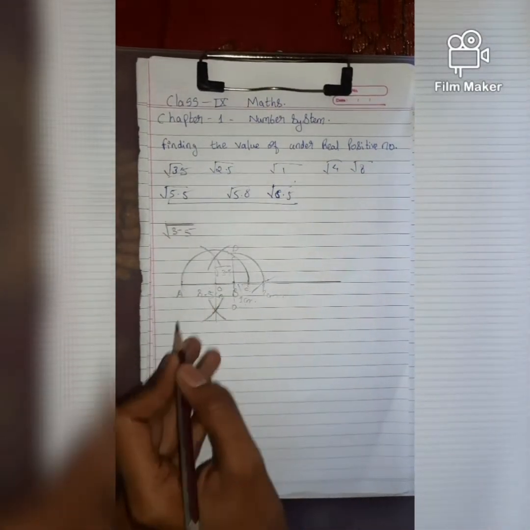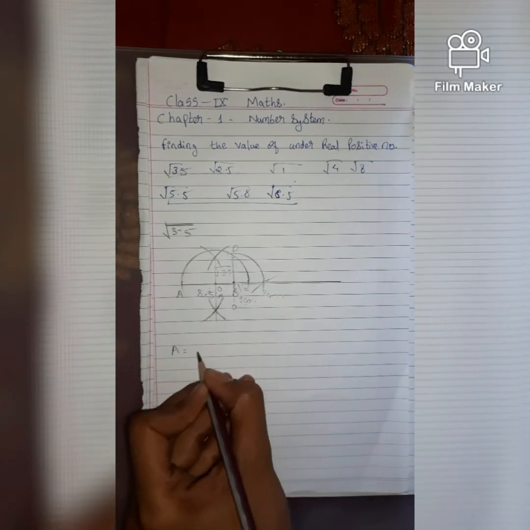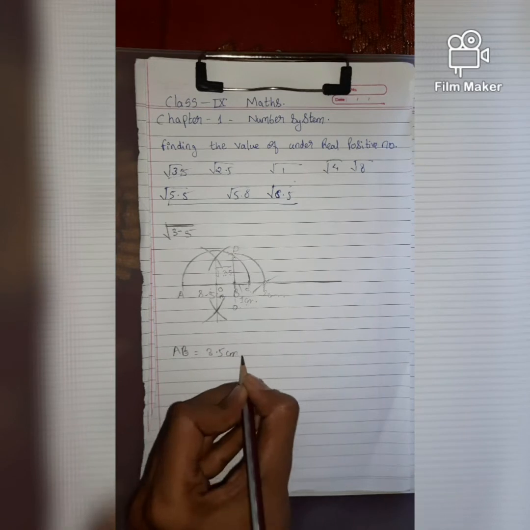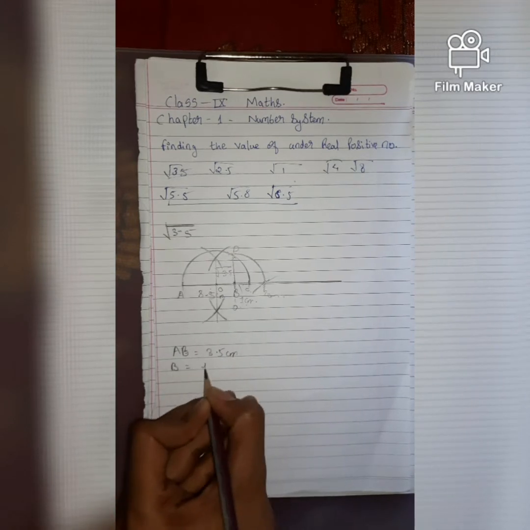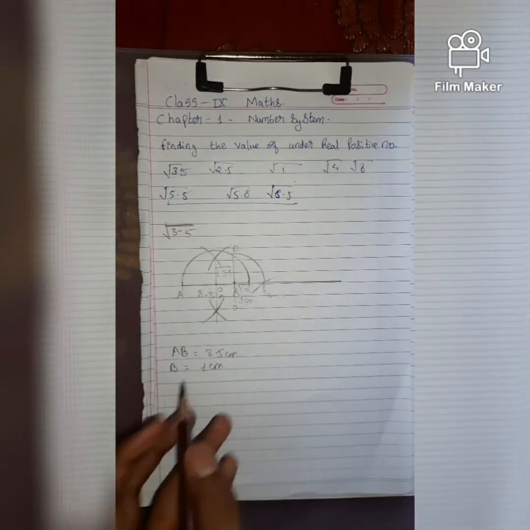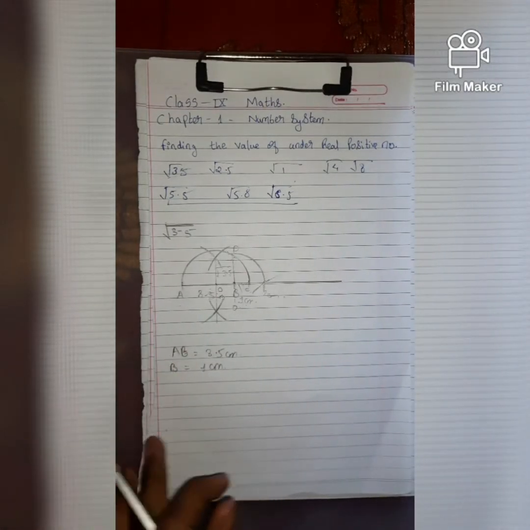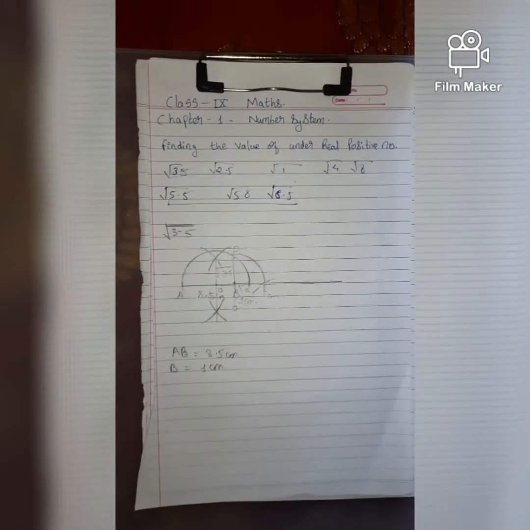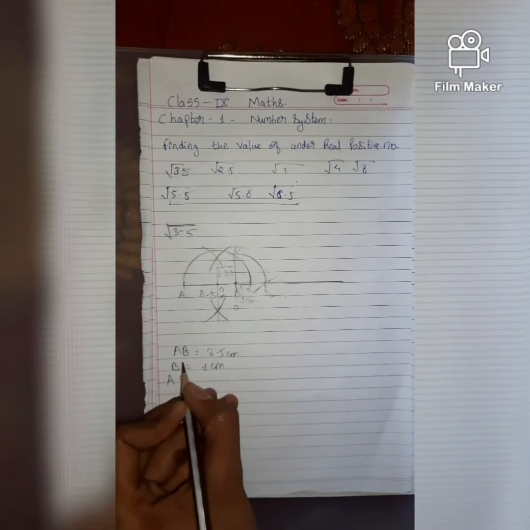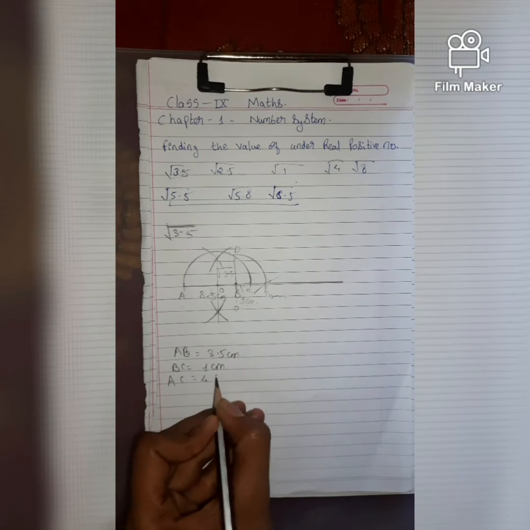So as you know, AB equals 3.5 centimeter and BC equals 1 centimeter. From this we can say that AC is 4.5 centimeter.